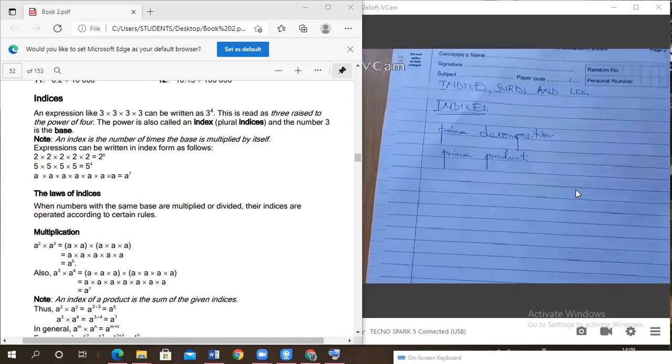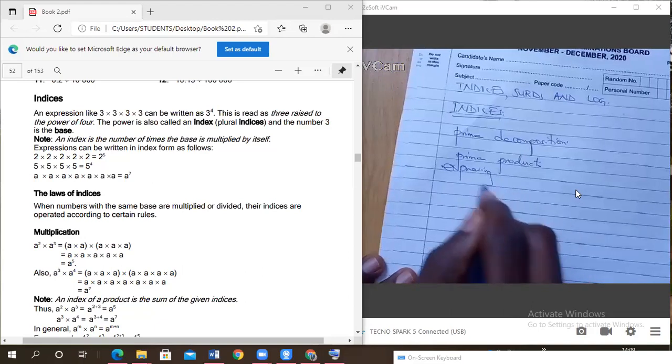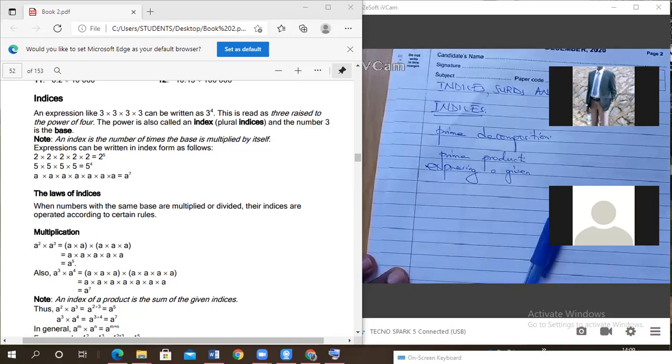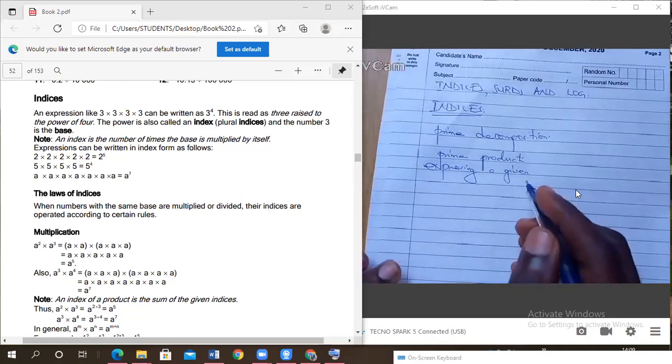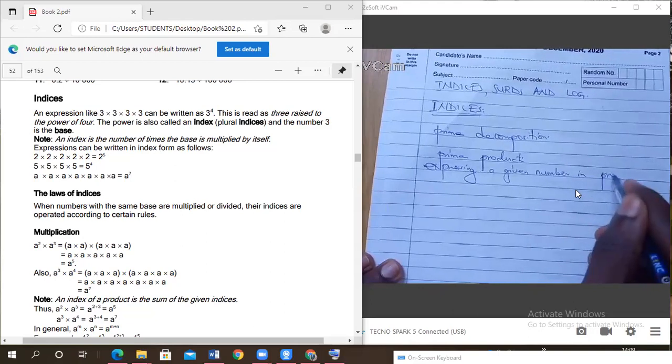Expressing a given number in product form, in the product of its prime factors, is going to help us a lot in expressing what we call indices.